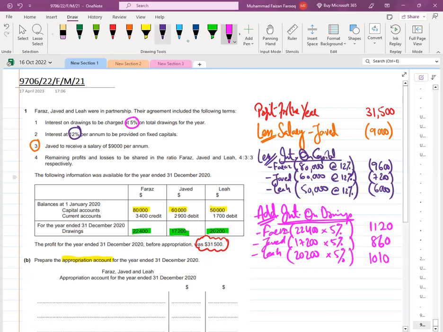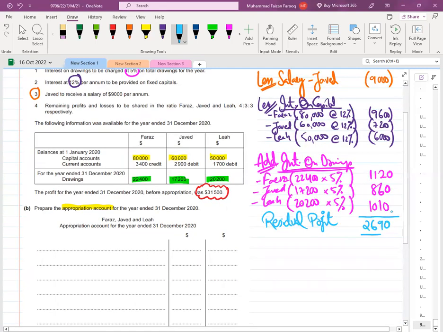These three items, when we adjust them from the profit for the year, give us the distributable profit or residual profit. In this case, if I use the calculator, my residual profit comes to 2,690. After getting the profit, it will be shared amongst partners.